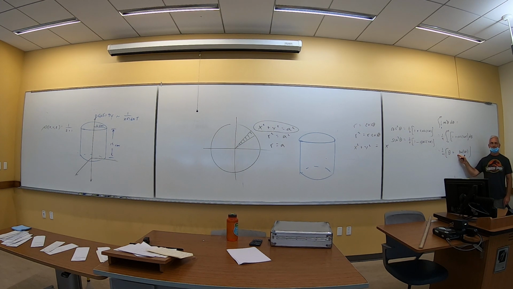Careful, is it a 2 or is it a 1/2? If I differentiate it, it's a 2, so if I integrate it, it's a 1/2. 0 to 2 pi, well that's easy because the sine at 2 pi and the sine of 0 are both going to be 0, aren't they? So this is easy, so what's my answer? It's just 1/4 times 2 pi, which is pi over 2, right?